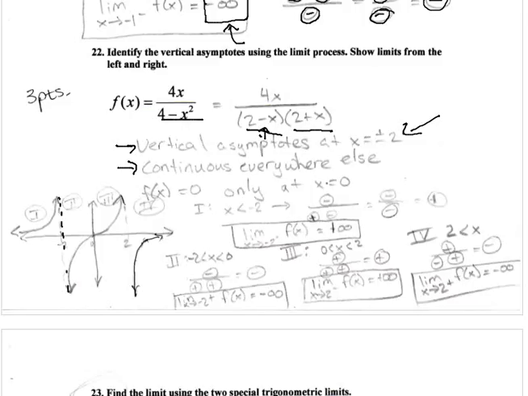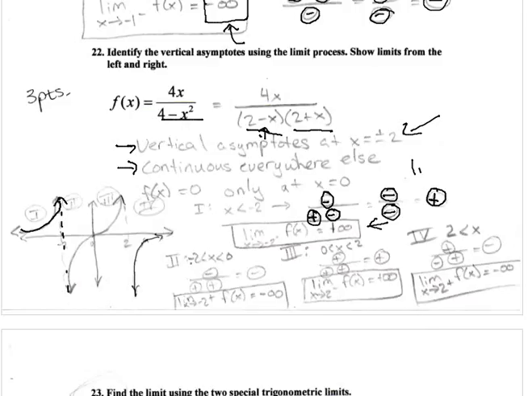So clearly this quantity is going to be negative. And 4 times a negative number is going to be a negative number. So we get negative over positive times negative, which is going to give us positive. So that means that the limit as x approaches negative 2 on the left of f of x is going to be positive infinity, right? So it's going to diverge up as we get closer and closer to negative 2.